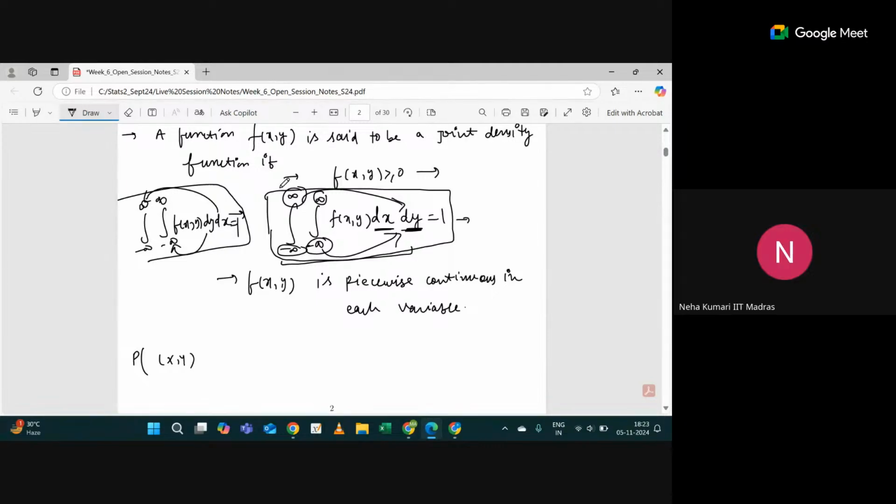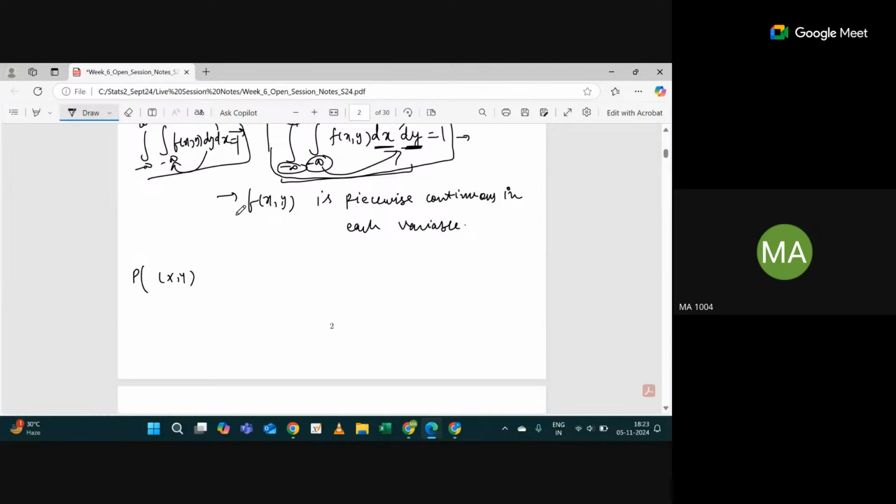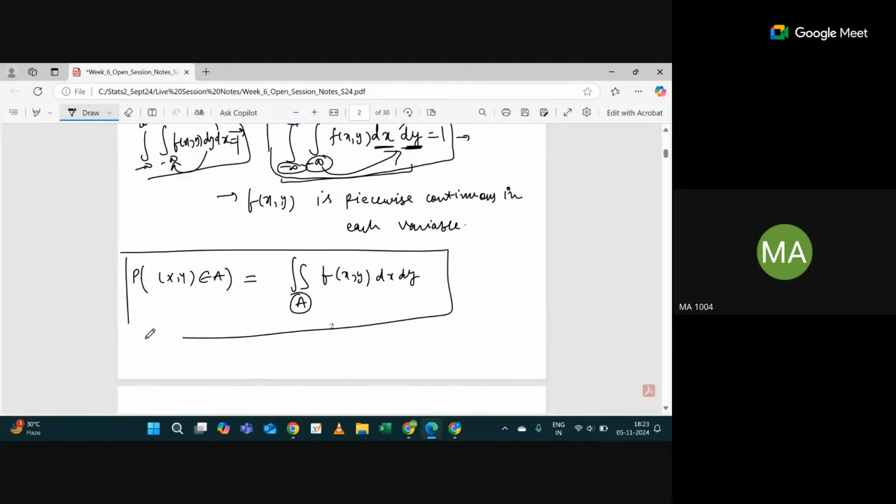Yes, sir. Got it. Okay, suppose I'm writing (x,y) belongs to something, A. Then how will you find it? Can I write it like this: double integration of f(x,y) dx dy over this A. In general, it is the area for that particular region.